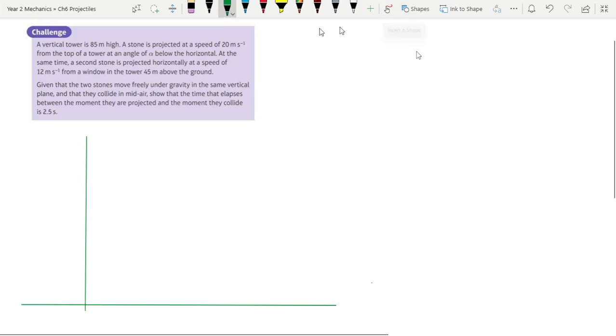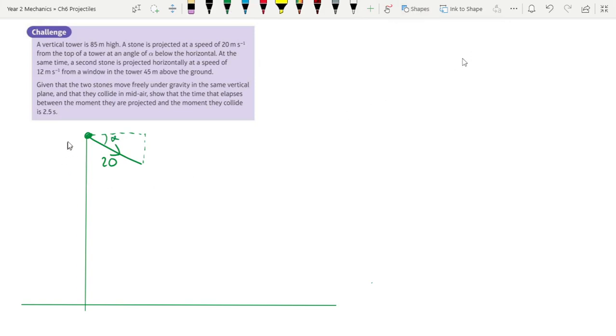And we're projecting the first particle below the horizontal, so it's coming down at an angle like this, with a speed of 20. And the angle was alpha below the horizontal. And I was just going to label the height on there. So this is 85 meters.